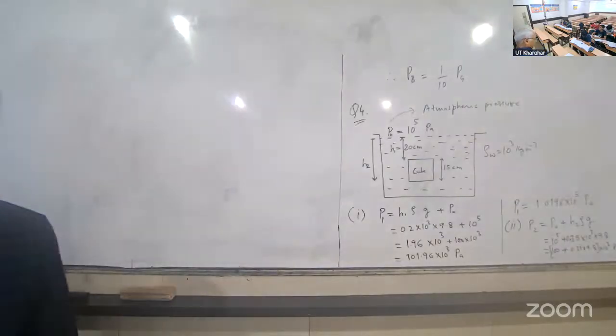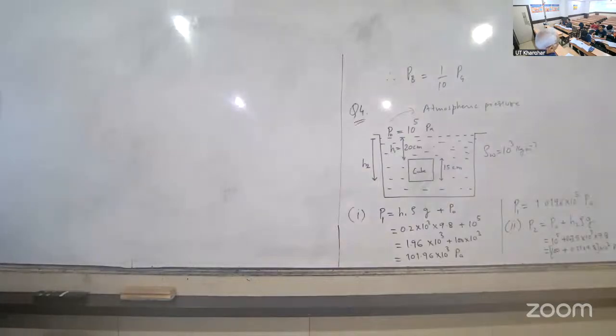The calculation would have been easy if it was 10 instead of 9.8. Now you realize why g is taken as 10.